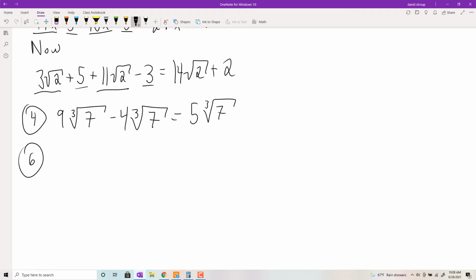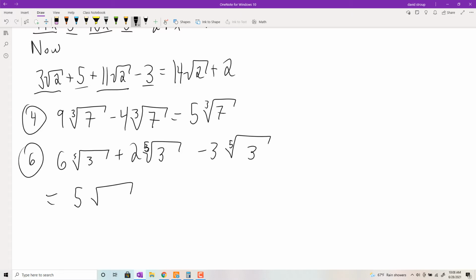Okay, let's look at another: 6 fifth root of 3 plus 2 fifth root of 3 minus 3 fifth root of 3. So they're all some multiple of the fifth root of 3, so you can combine them all together. 6 plus 2 is 8, minus 3 is 5. 5 fifth root of 3.